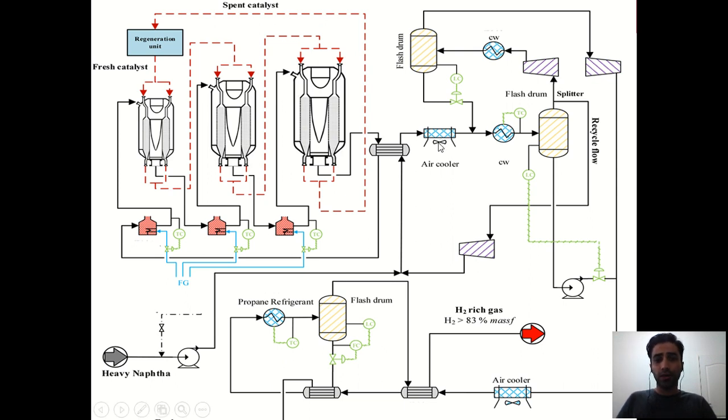I already know that Aspen is able to simulate many equipment such as these heat exchangers, flash drums, compressors, pumps, and distillation towers easily. But as much as I know, for example, these reactors are a little bit complex, and built-in models available inside Aspen Plus cannot accurately model these reactors.